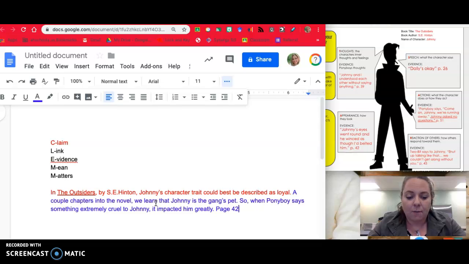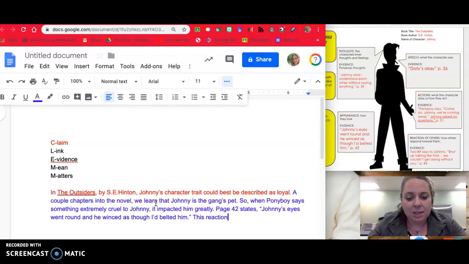Page 42 states, Johnny's eyes went round and he winced as though I'd belted him.